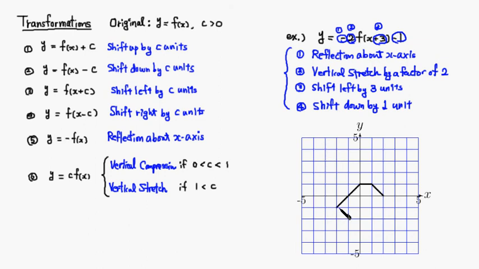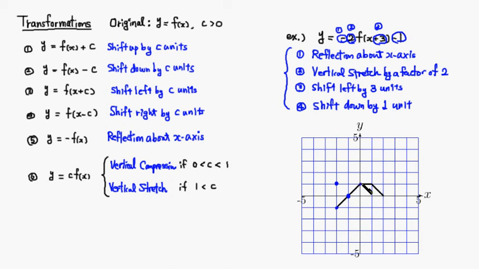The original y value of this point right here is negative 1. Once you apply reflection, it's going to be a positive 1. So it's going to go up here. And here, the original y value is 0. So even if you negate it, it's still 0. So it's going to stay there.